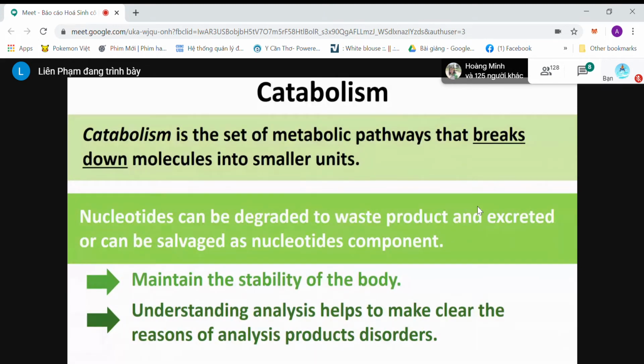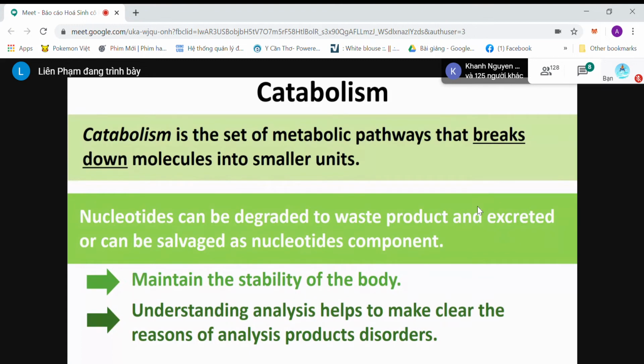As nucleotides can be synthesized, they can also be degraded to waste products and excreted, or can be salvaged as nucleotide components. For example, purine can be degraded to uric acid, and pyrimidine can be degraded to ammonia, which means NH3.